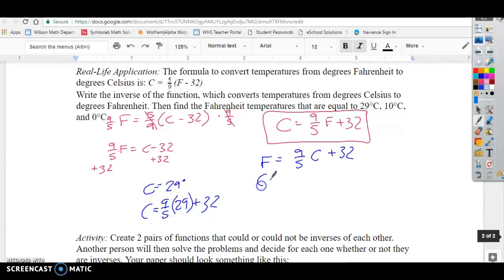And then when we do C is equal to 10, sorry, I changed this to F, right? So that should be F. So I got F equals 9/5 times 10 plus 32. This one's nice because 2 times 9 is 18. 18 plus 32. We're looking at 50 degrees Fahrenheit.